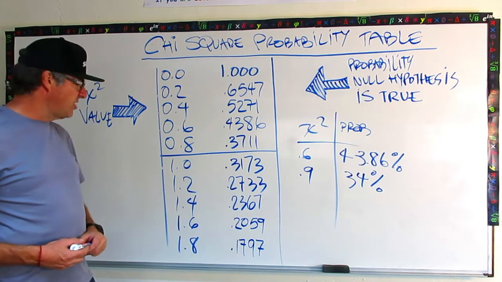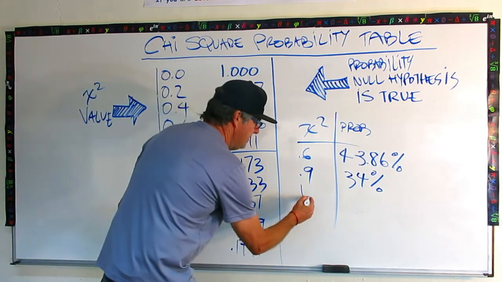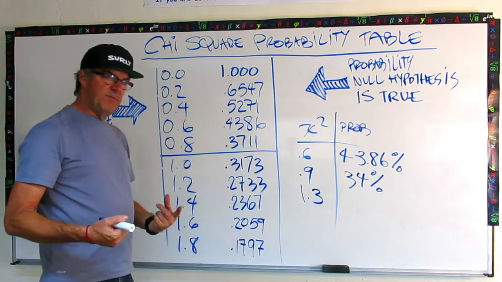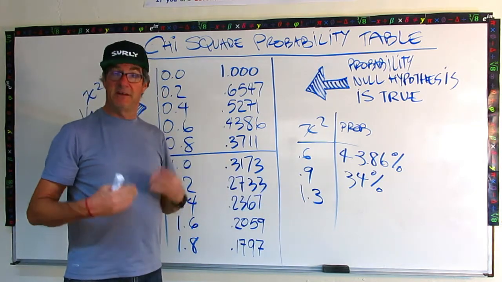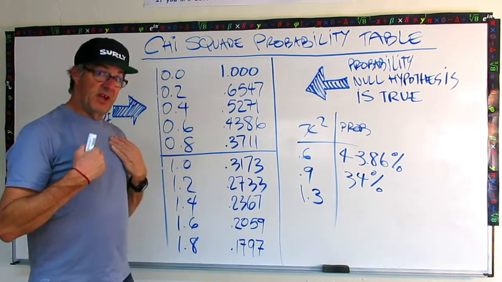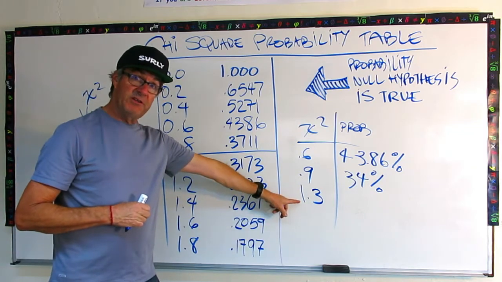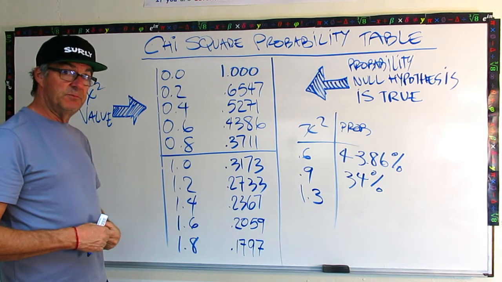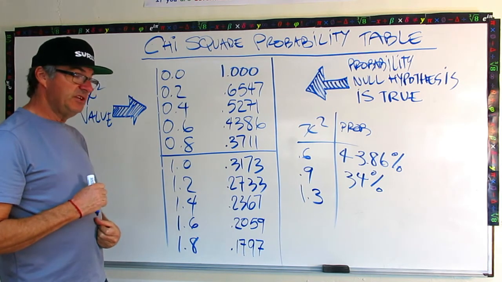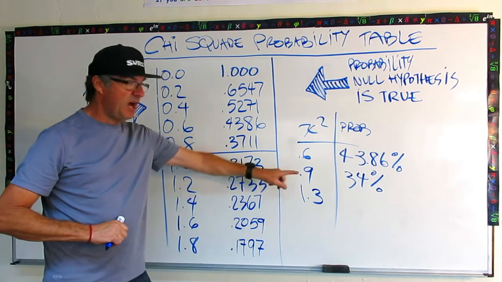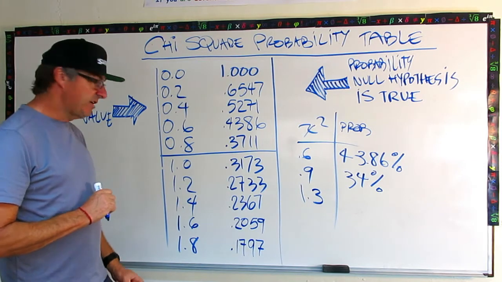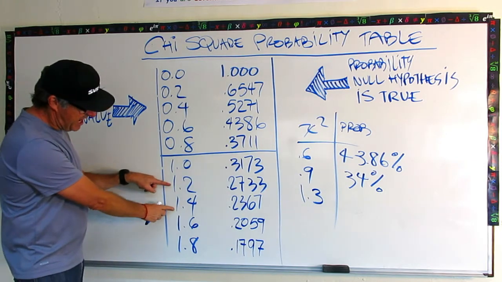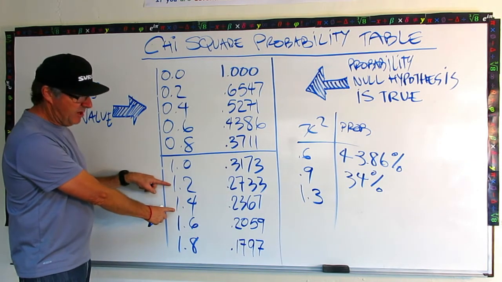Let's try another one. Let me give you another hard one. How about 1.3? The chi-square value is 1.3. What's the probability that the null hypothesis is true? Look at the table, see if you can come up with it. Same as what we did for 0.9. Okay, 1.3 is halfway between 1.2 and 1.4.